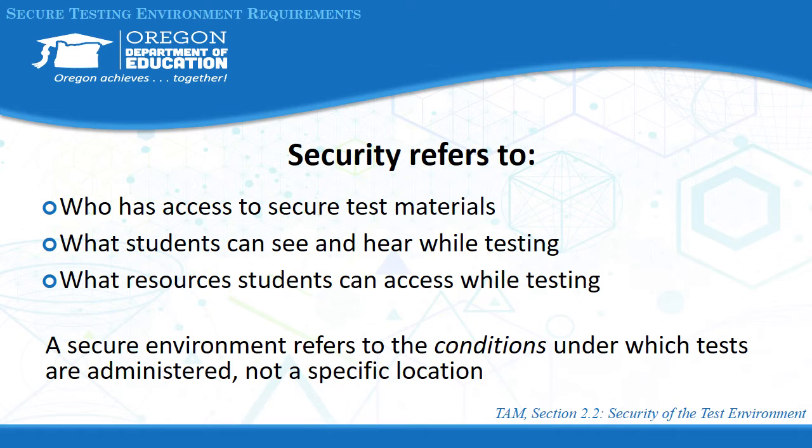Please note that a secure testing environment refers to the conditions under which the tests are administered and does not imply or require a specific location. Within the same school, a testing environment could be created in multiple locations, such as in a classroom, library, small conference room, or multi-purpose room. A secure testing environment is expected for all tests, every testing session.